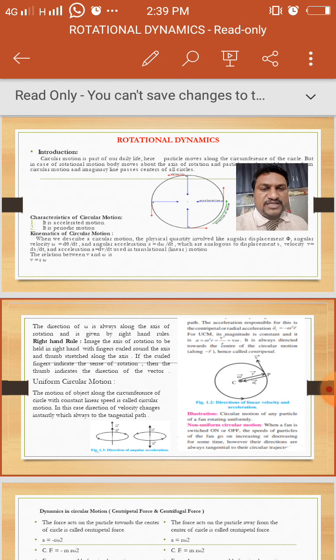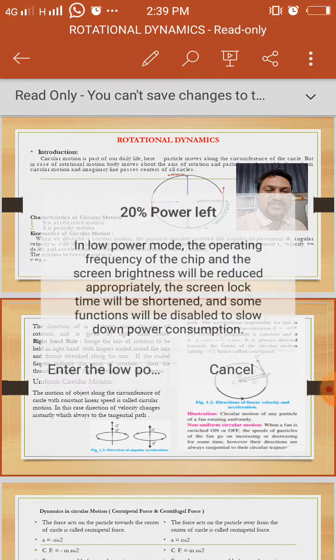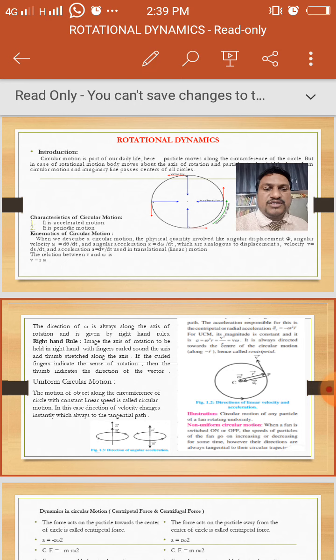The name of that imaginary line is the axis of rotation. Axis of rotation means the imaginary line that passes through all the centers of the circles of the particles, and the body performs rotational motion. So two motions take place simultaneously: one is rotational motion and the second is circular motion.